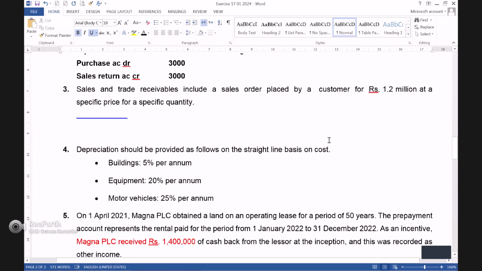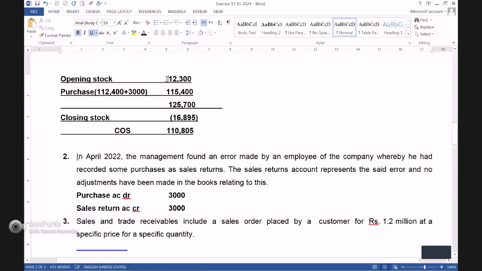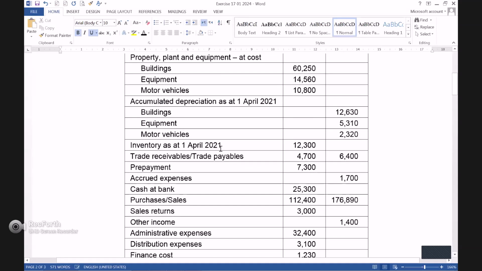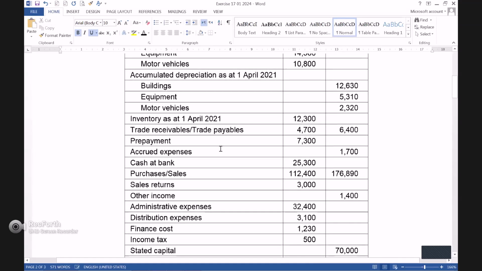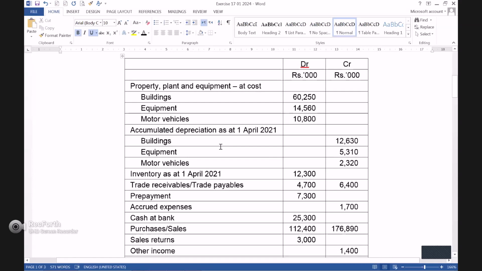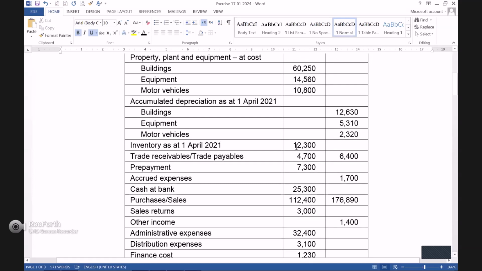Sales and trade receivable. Excuse me, sir. Oh yes. So opening stock and purchase total, sir. What about the opening stock? 127,000 or 125,000, sir? Wait. We will see. What is the opening stock?